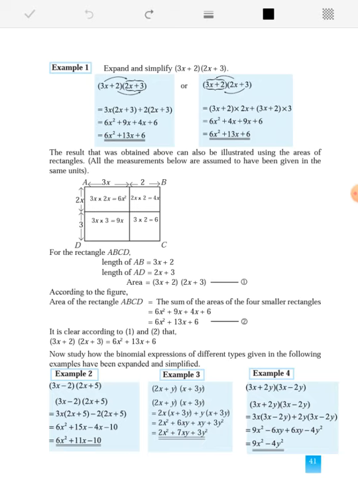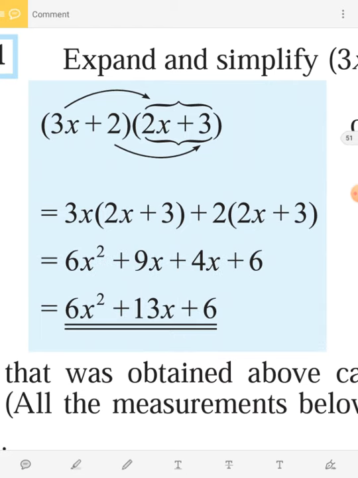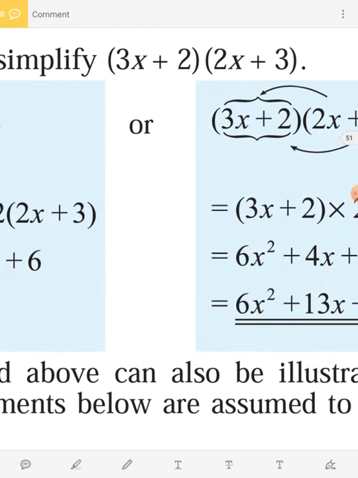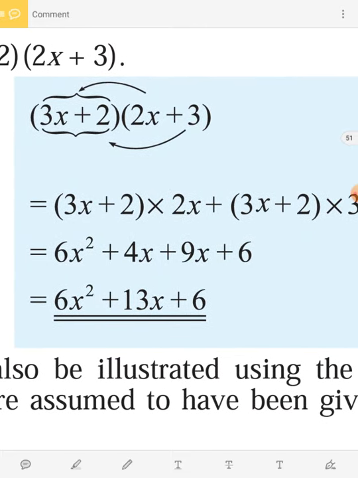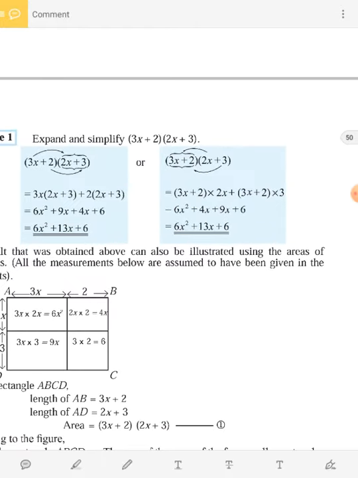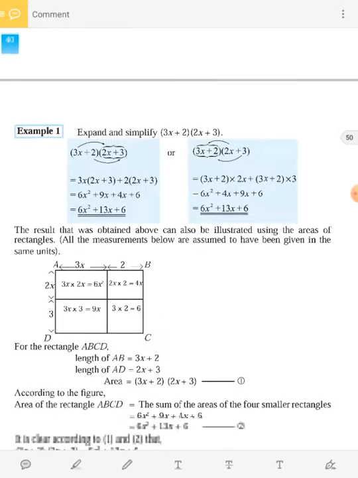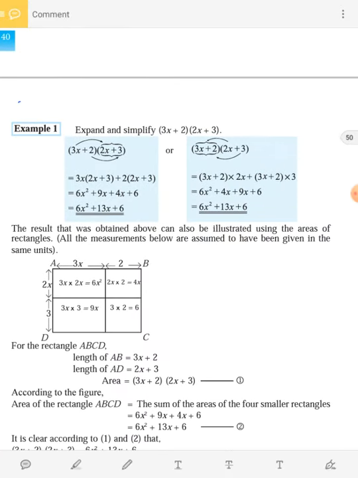Either you multiplied 2x plus 3 by 3x plus 2, or 3x plus 2 by 2x plus 3, both you will get the same answer. The result obtained above can also be illustrated using the area of rectangles.